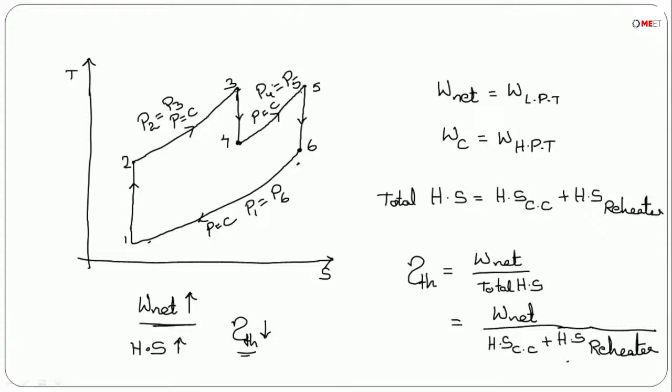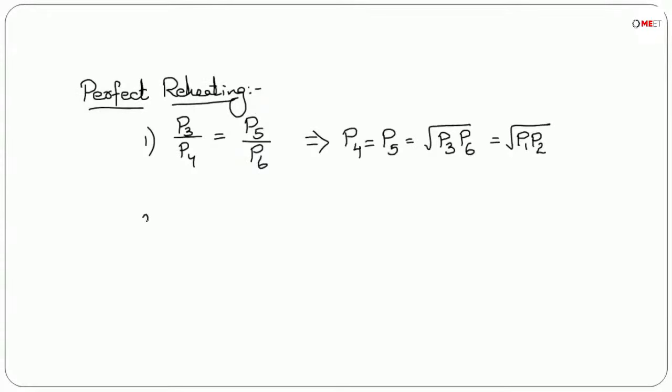If T3 is equal to T5, then we can say that perfect reheating has happened. So that means the temperature at entry to both the turbines should be the same. So when the temperature at entry to both the turbines is the same, then we can say that this is perfect reheating.